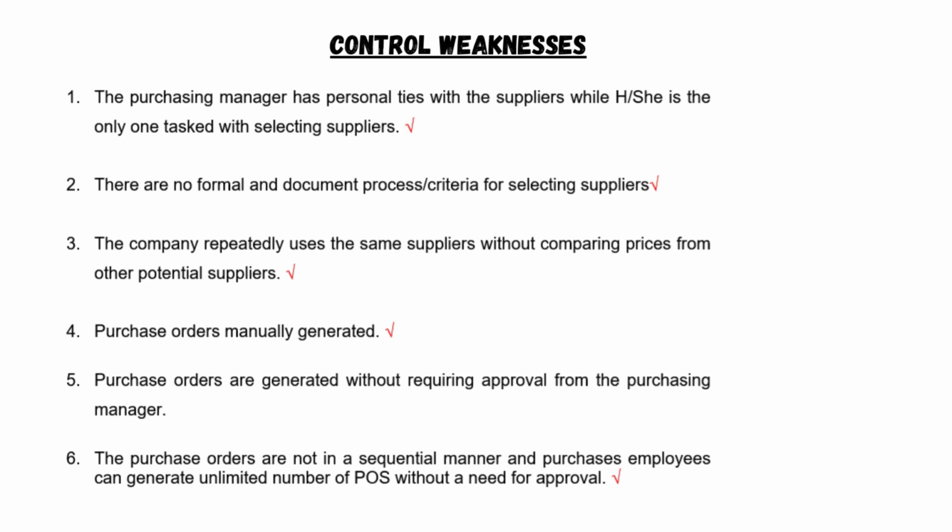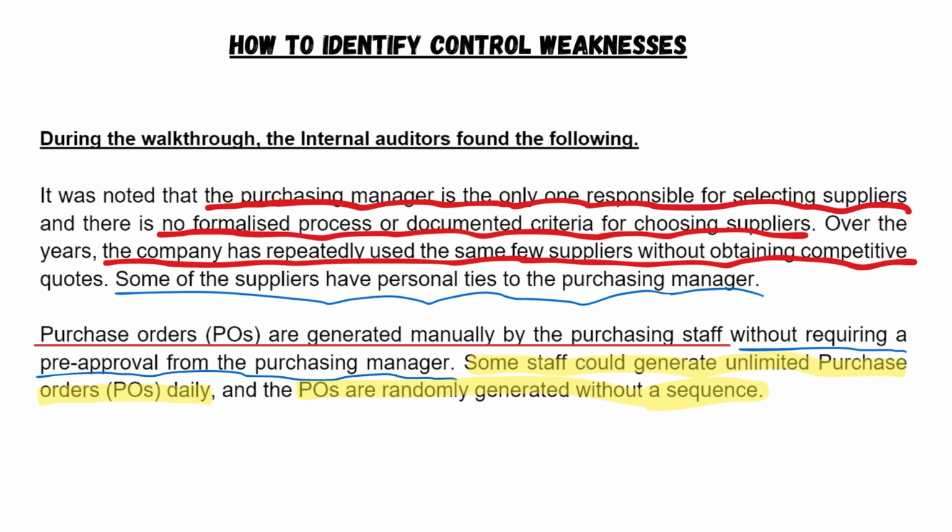On its own, having people able to generate an unlimited number of purchase orders daily, and at the same time our purchase orders being generated randomly, there is no sequential manner that has been implemented here. That means if, for example, there is a fraud taking place or there are some errors taking place, those cannot be detected or traced back because there is no sequence and people can just randomly generate purchase orders. So that's how I want you guys to be able to identify weaknesses.